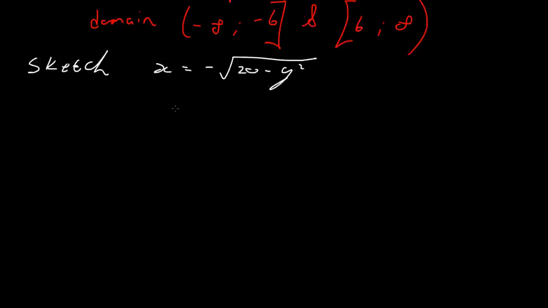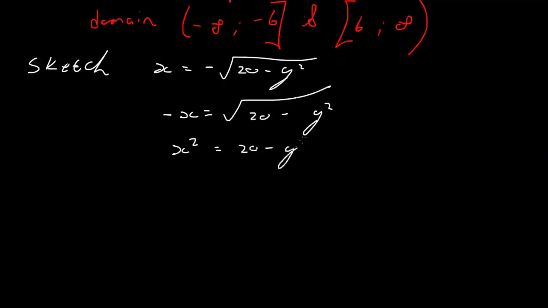So let's do that. Take the minus across, that gives minus x equals root 20 minus y squared. Then we square both sides, so we've got x squared equals 20 minus y squared. Then we've got x squared plus y squared equals 20.